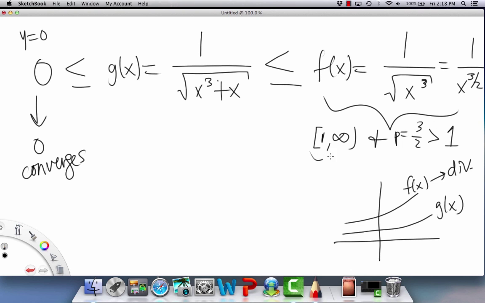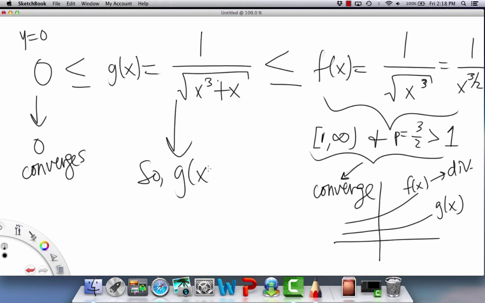So this is going to converge by the, I don't know if it was a theorem or a definition, one of the things I gave in the earlier slides, and you can also find it in your book. So basically this is going to converge, which is good, because if both sides converge around g of x, that means that this must also converge. So g of x must converge.